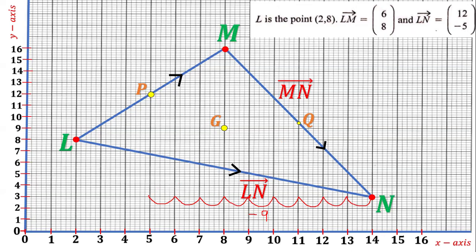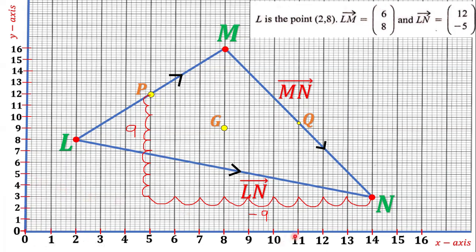And then we move 1, 2, 3, 4, 5, 6, 7, 8, 9. So that means that we move 9 times up, so that's going to be +9. So -9 for the X component and +9 for the Y component.